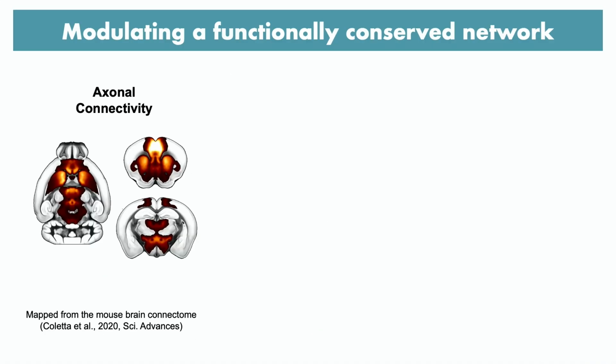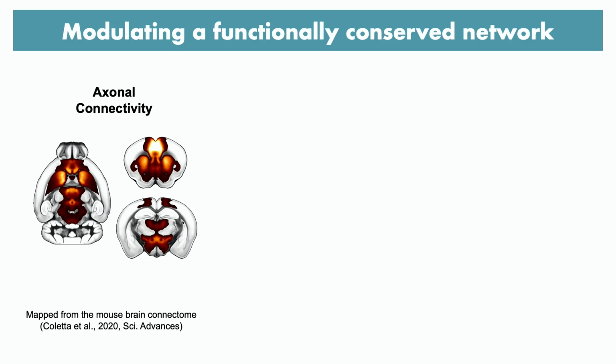I'm not going to go into the details of this technology, but I am going to show you the results of a sanity check. We have the mouse structural connectome, which is quite well defined, and that's what I'm showing here. This is the connectivity of the prefrontal cortex, the region we're stimulating, and shown in brown are all the regions that the prefrontal cortex projects to.